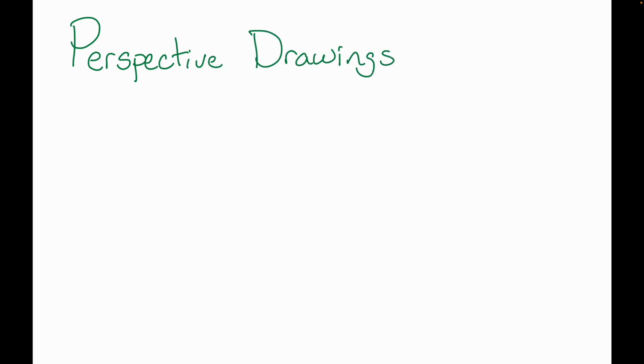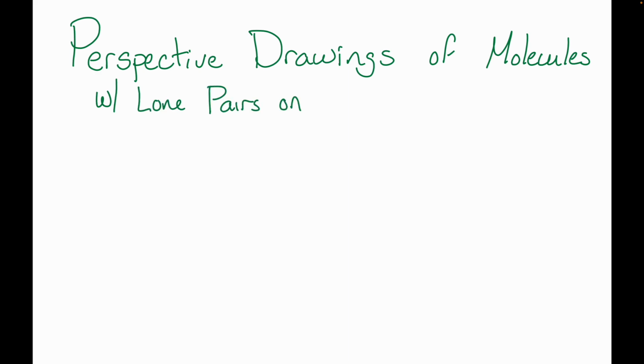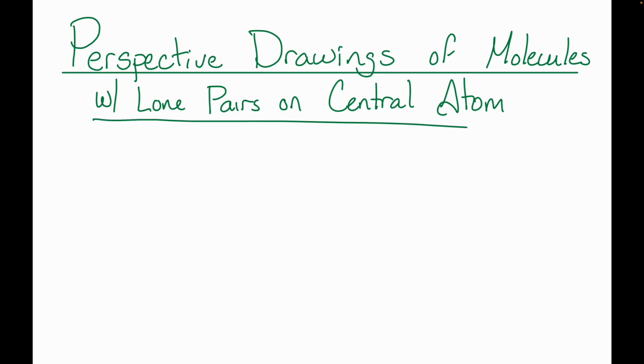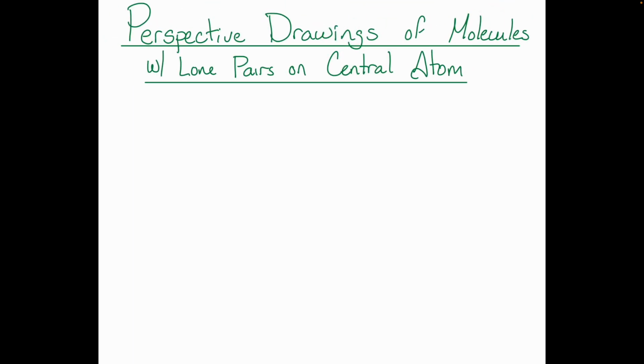So how do we get perspective drawings of all of our other geometries, specifically when we have lone pairs on that central atom? So let's just do 2 comparisons here next to one another.